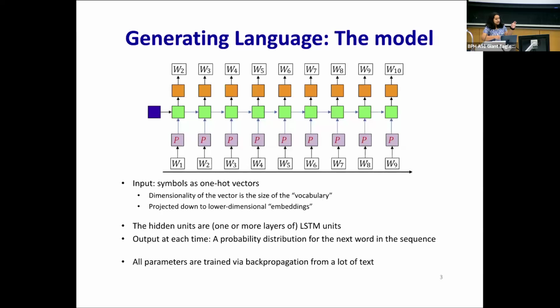In green are the hidden layers, which could be your LSTM layers or the model you define, and the output at each time step is shown in the orange boxes above. So this is how a general model looks.